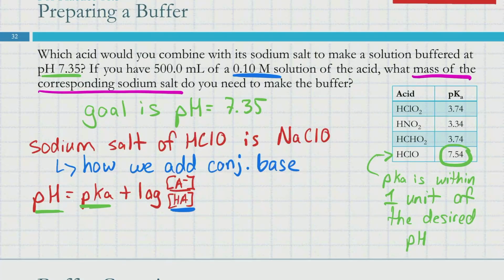So plugging in all the things we've got, 7.35 equals our pKa, 7.54, plus the log of concentration of the base over 0.10 molar.